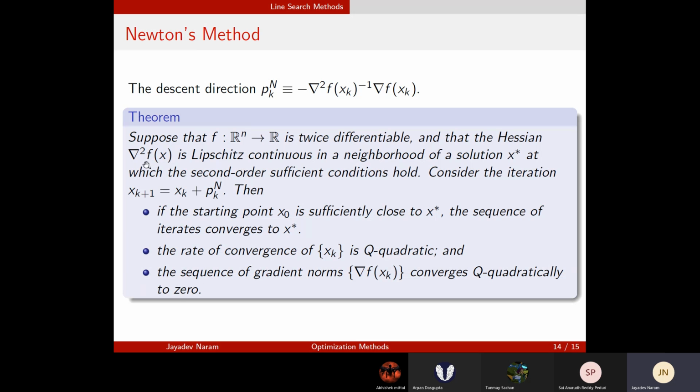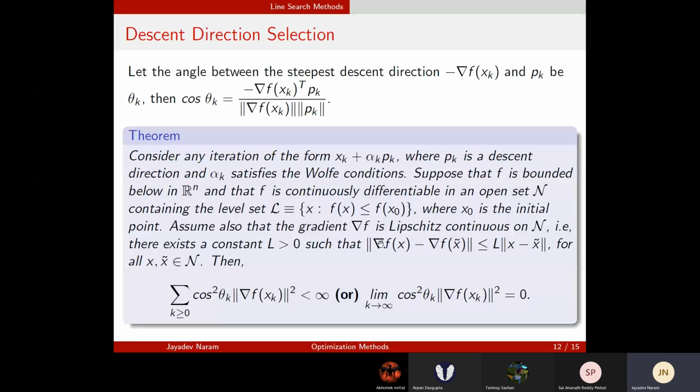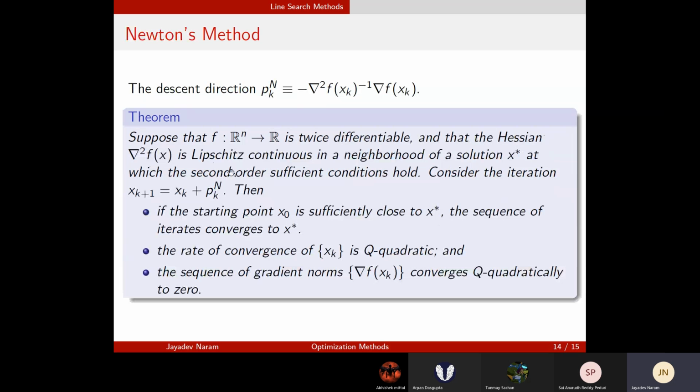Lipschitz continuity of the Hessian just means this: in place of the gradient function, put the Hessian, and we should have some constant L such that this holds for all points in the neighborhood we are considering. If that is satisfied, we say the Hessian is Lipschitz continuous in that neighborhood.